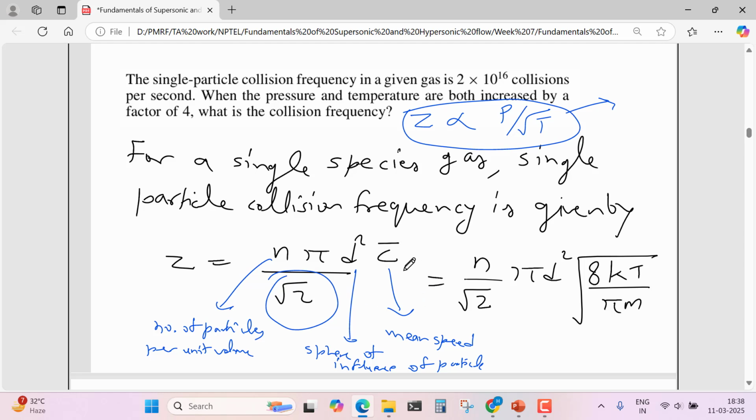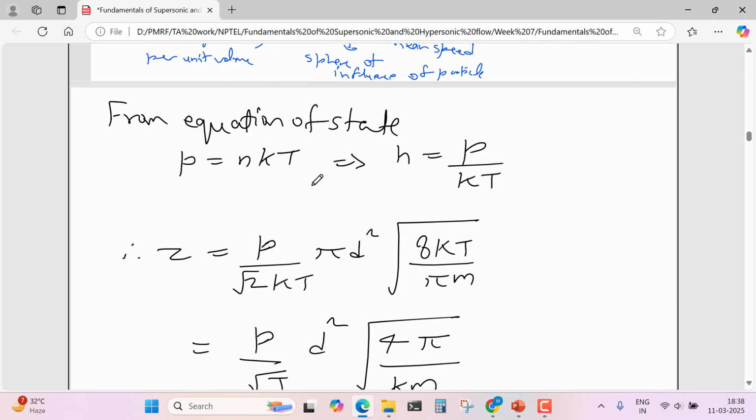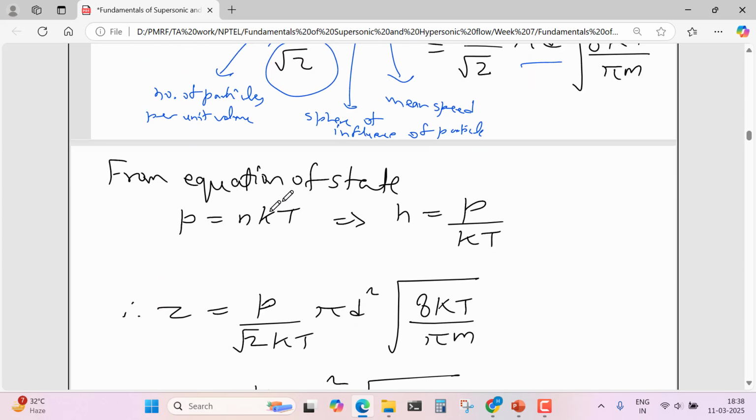Here we know the mean speed is given by under root 8kT upon pi m. So we will substitute it. We got Z equal to n upon root 2 pi d square under root 8kT upon pi m. We know the equation of state, P equal to nkT.